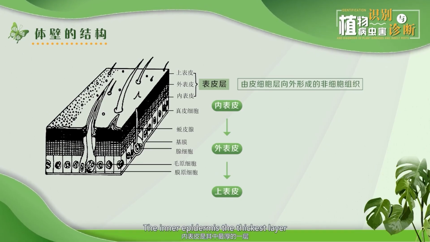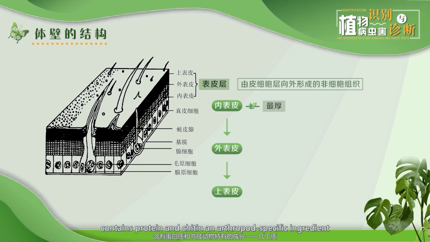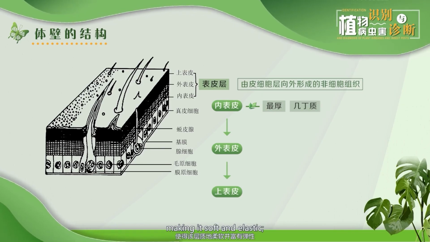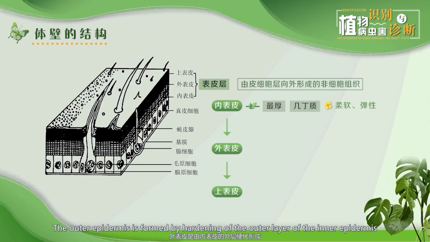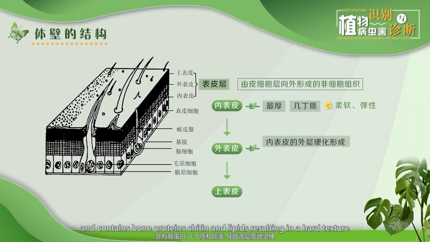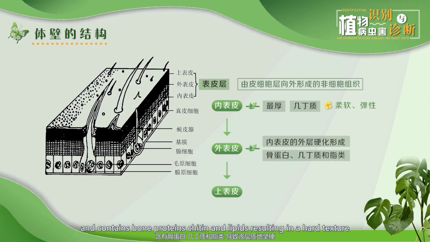The inner epidermis, the thickest layer, contains protein and chitin, an arthropod-specific ingredient, making it soft and elastic. The outer epidermis is formed by hardening of the outer layer of the inner epidermis and contains bone proteins, chitin, and lipids, resulting in a hard texture.